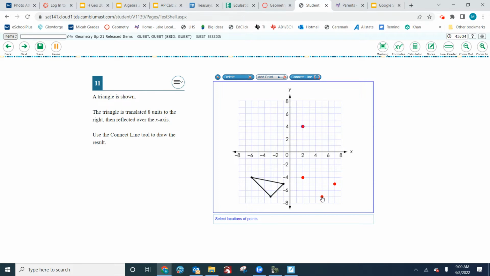This point at 5, -7 is at 5, 7. And 7, -5 is at 7, 5. Use the connect line tool to draw the result. Connect line tool.